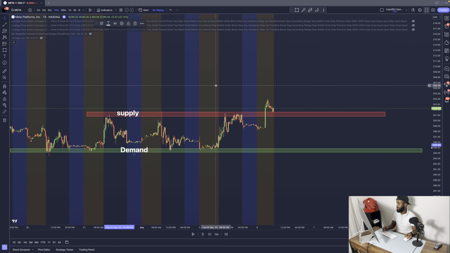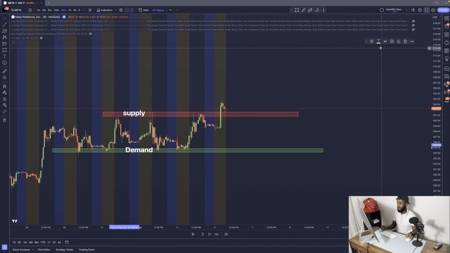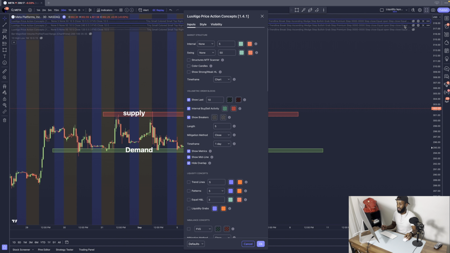What has helped me is there are these indicators by Lux Algo where they find you key areas with order blocks, so places where orders have been placed recently, and you can see on different time frames. So you can see order blocks. This is daily order blocks, so places where buy orders and sell orders have been placed.